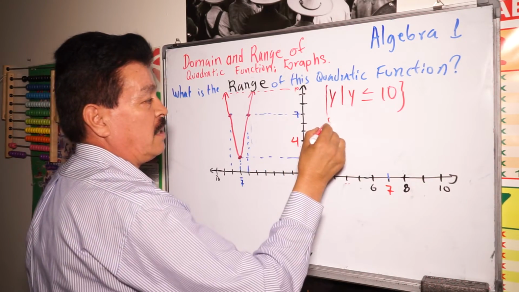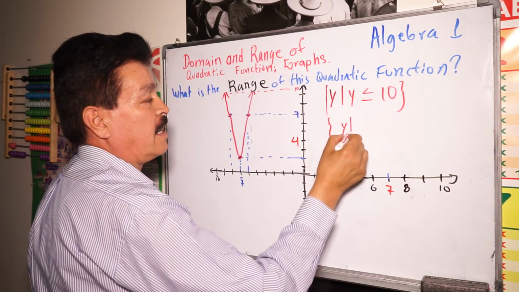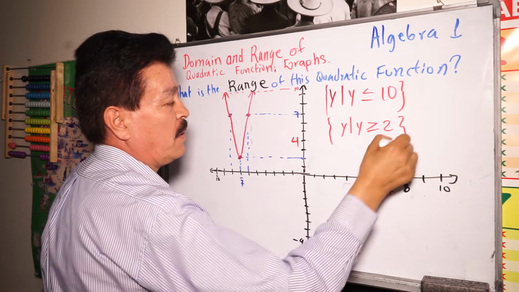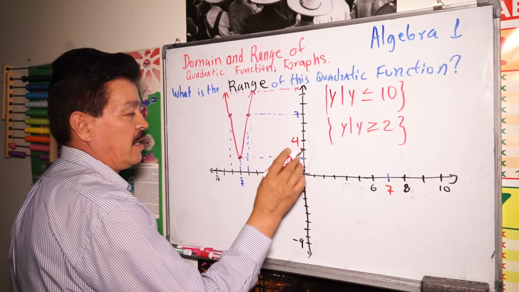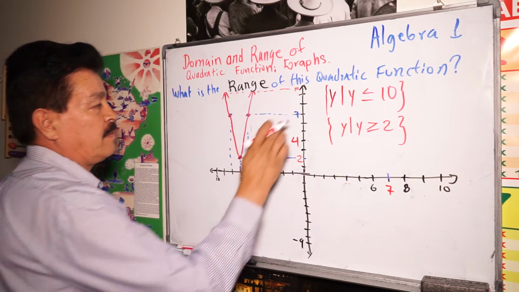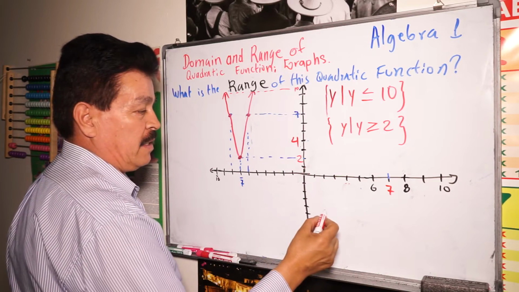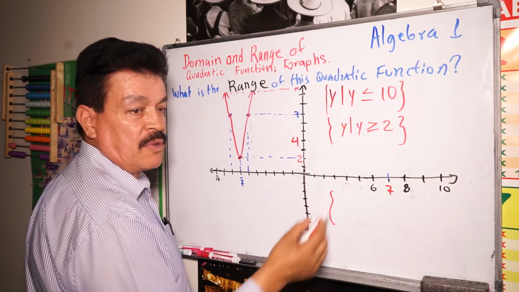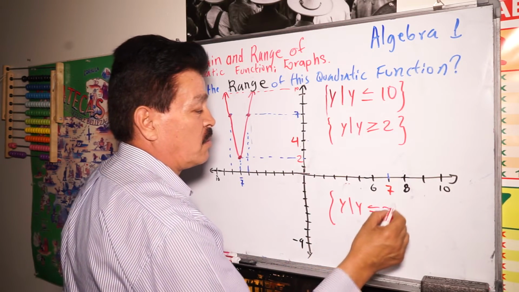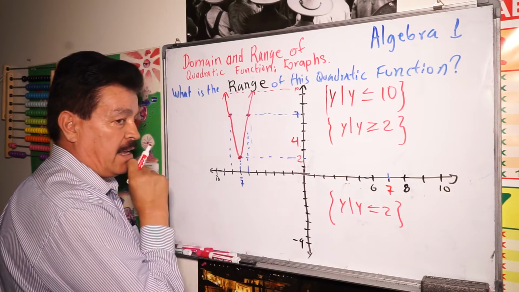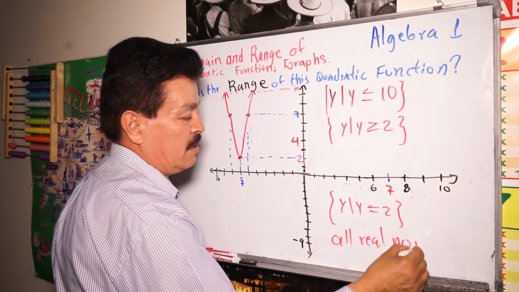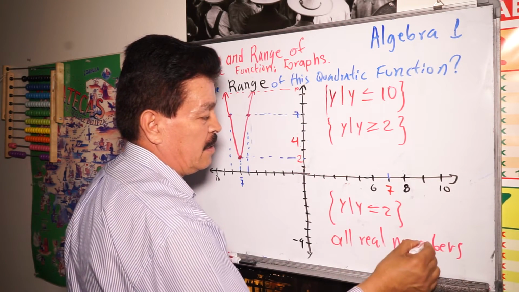Another possible answer: y such that y is greater than or equal to 2. Where is 2? You have 2 right there. Another one: y such that y is less than or equal to 2. Yeah, why not? And then all real numbers.